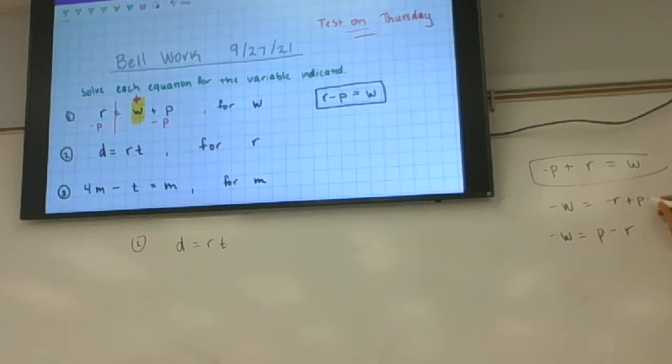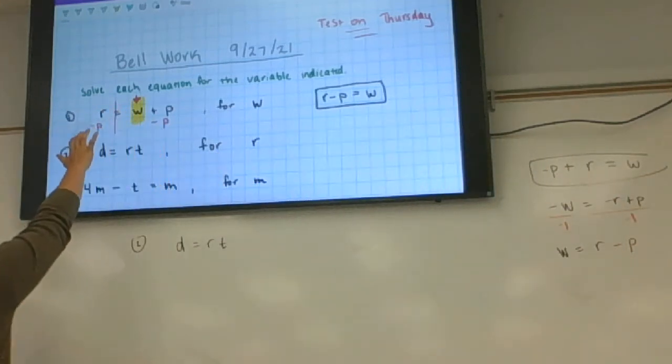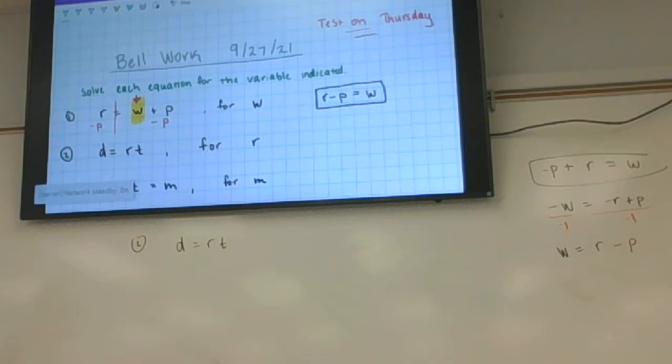I have negative W equals minus R plus P. Okay, so you've done everything right. Though with the negative sign, it's not done. So you need to do one more step. We'll divide both sides by -1, so that W doesn't even have a negative on it. And that'll make it positive R minus P. He subtracted W and then subtracted R. Good steps. One more step and you're done. Okay, number 2.